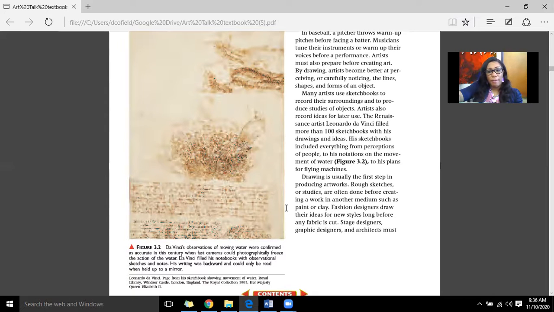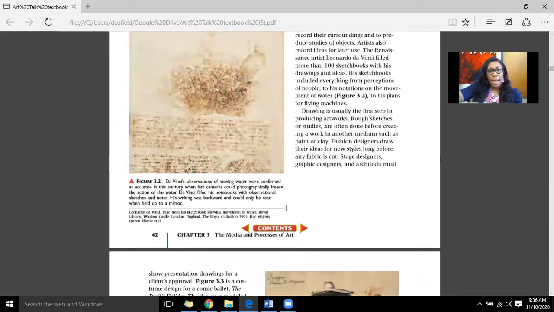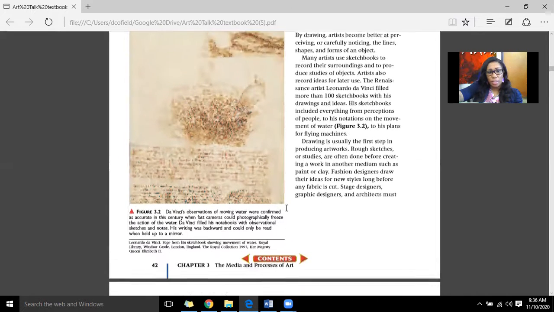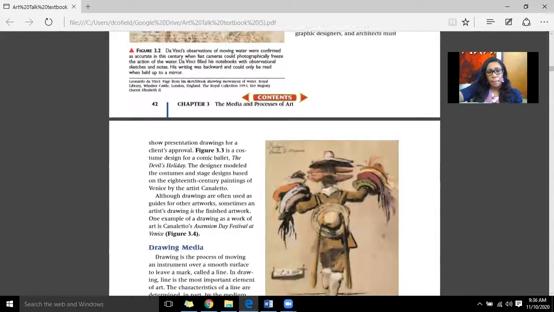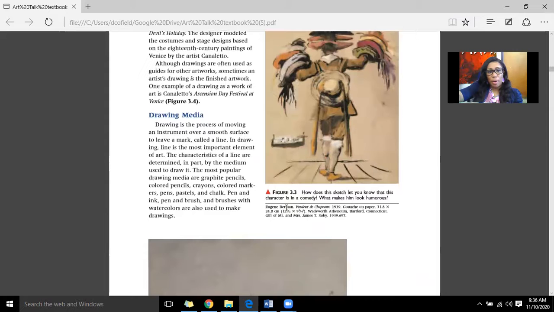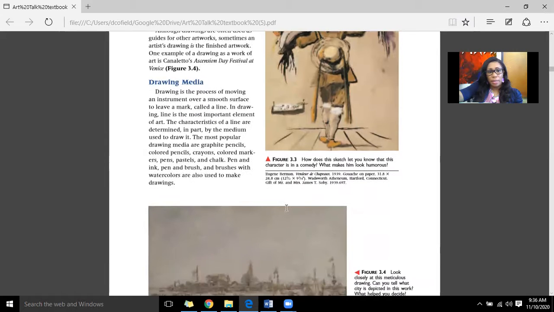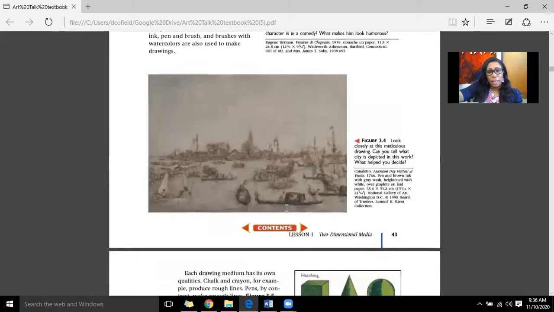Basically you have a rough sketch that you complete, and a lot of fashion designers do sketches of their ideas before they actually make them. So it's important to have that sketchbook, and this is showing you an example in figure 3.2 of Leonardo da Vinci's actual work, okay? Then it talks about drawing media and the characteristics of crayons, markers, brushes, and pen.